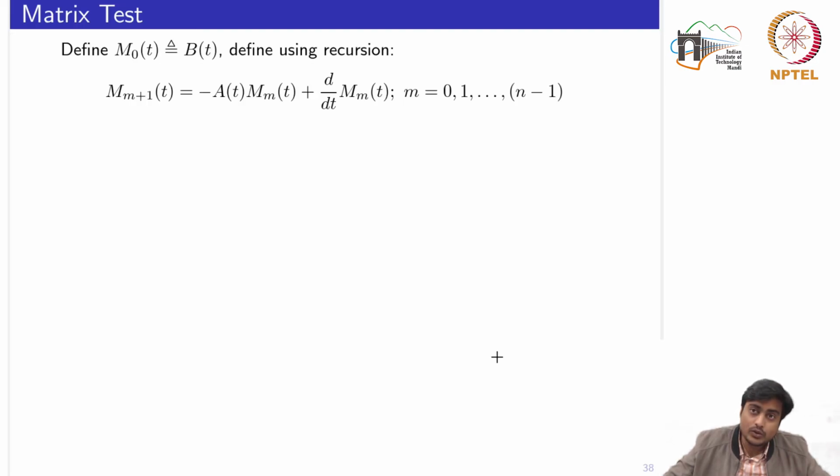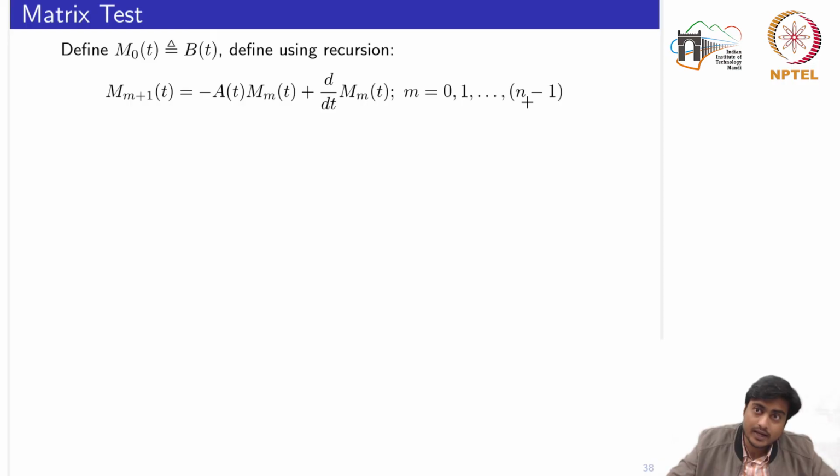Now before looking at that result, we'll do some bookkeeping so that we have a clear proof by construction itself. Here we define two matrices. One is M naught, which is given by B of t itself, and the others, from M1 to M n minus 1, come from a recursion.